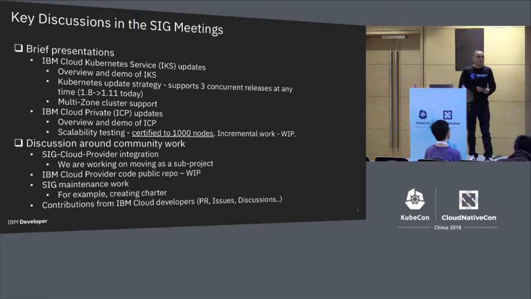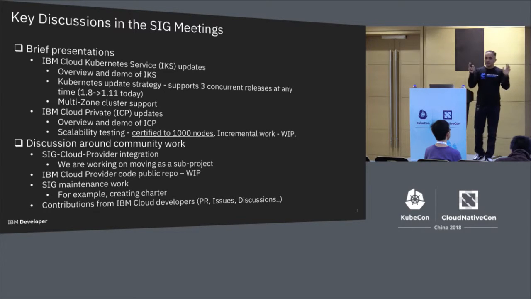Another thing is working with the cloud provider special interest group that was created sometime earlier this year, with the goal of bringing different cloud provider SIGs in as sub projects, having everything under one umbrella. So we're also working with them. Richard, one of the SIG leads, regularly attends those meetings. Like I said, we have work in progress. It will take some time. We're shooting for the 1.13 release of Kubernetes.